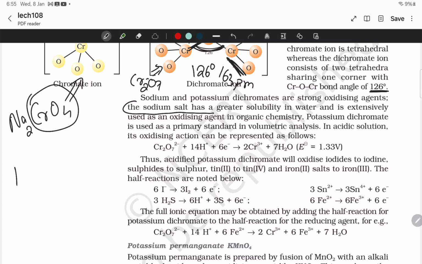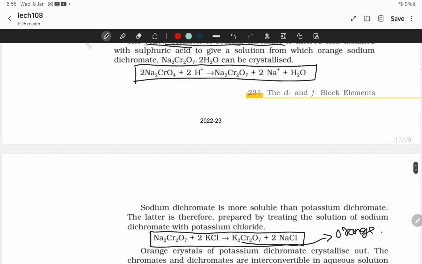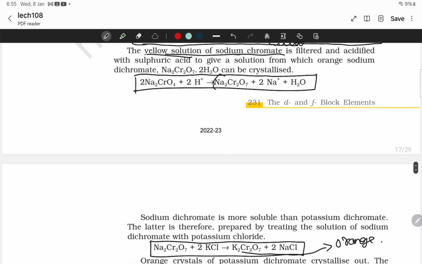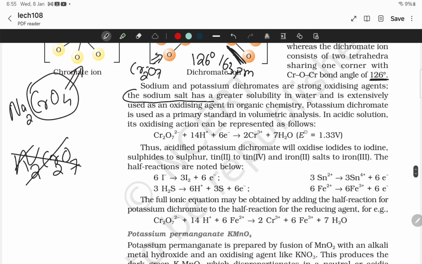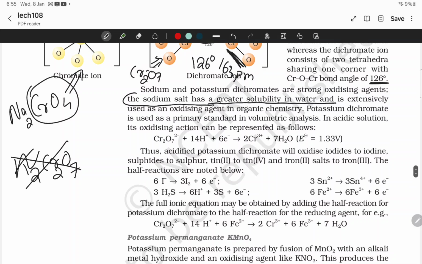So you are thinking that why should we take this potassium K2Cr2O7? If we get this Na2Cr2O7, this also has the same characteristic. So why can't we use this? The problem is that sodium dichromate is soluble in water and greatly used as an oxidizing agent in organic chemistry.